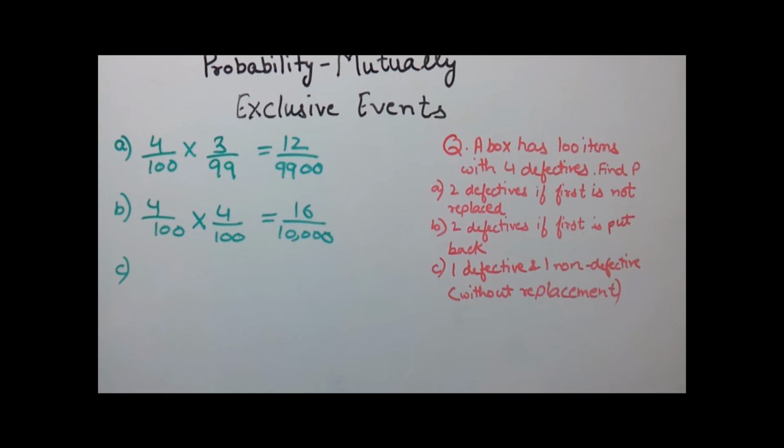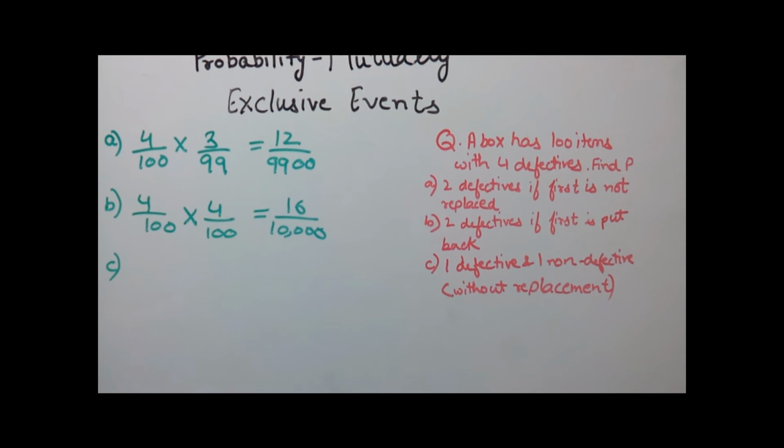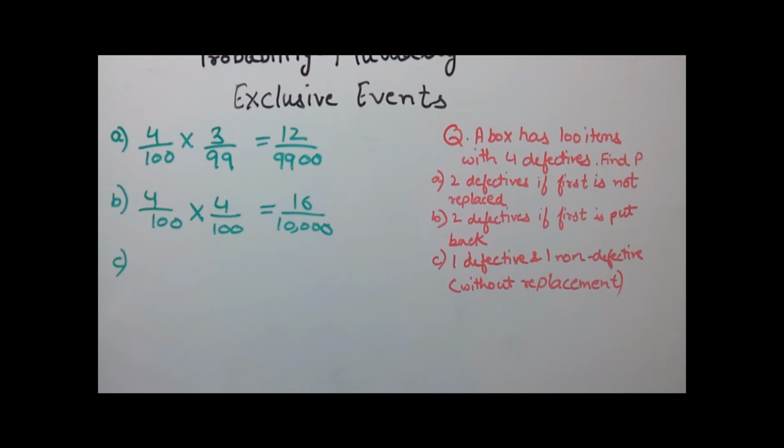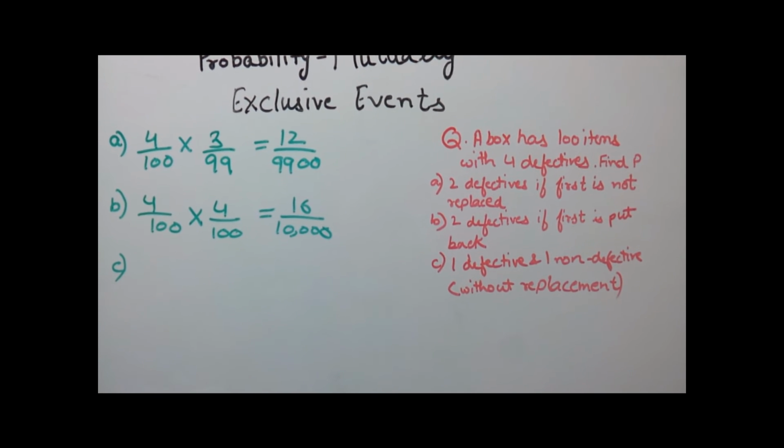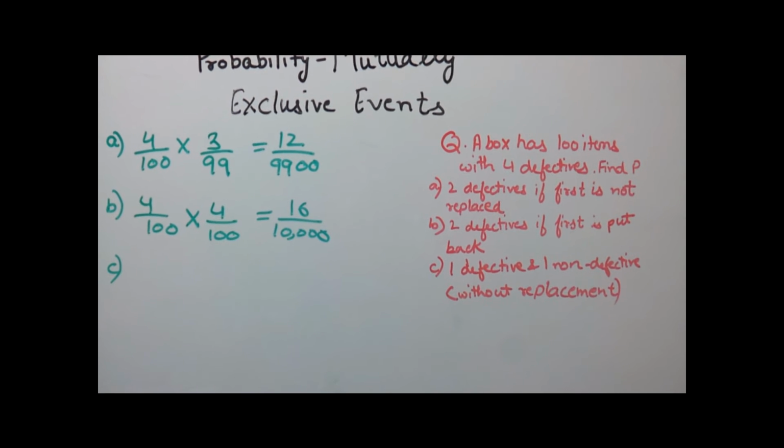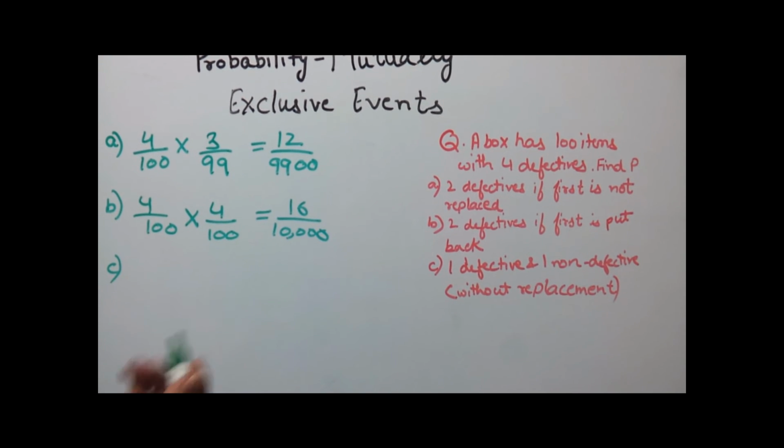So there can be a case that on the first draw we get a defective bulb and on the second we get a non-defective, or on the first draw we get a non-defective bulb and on the second we get a defective bulb or item.